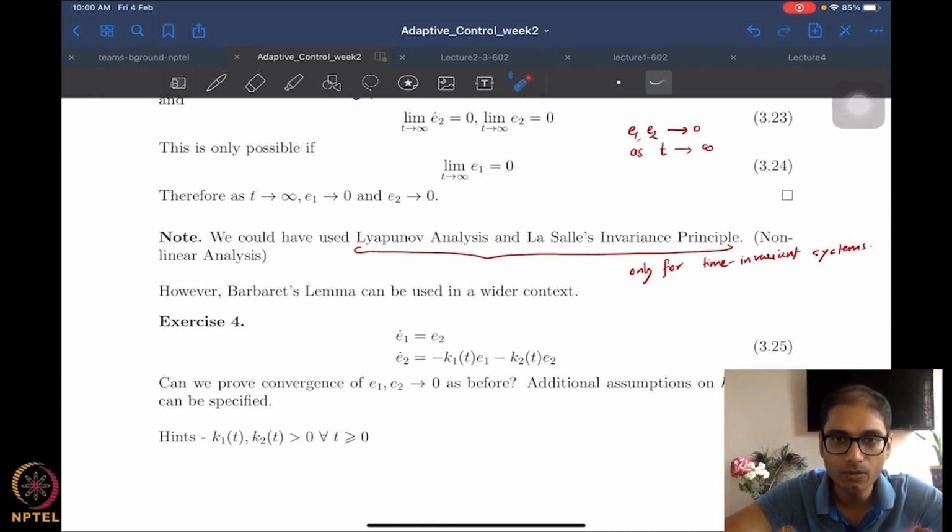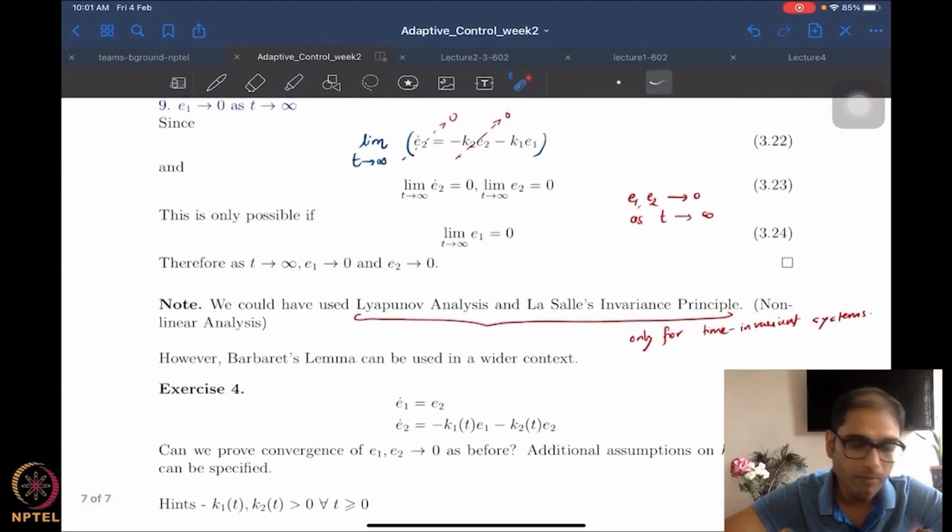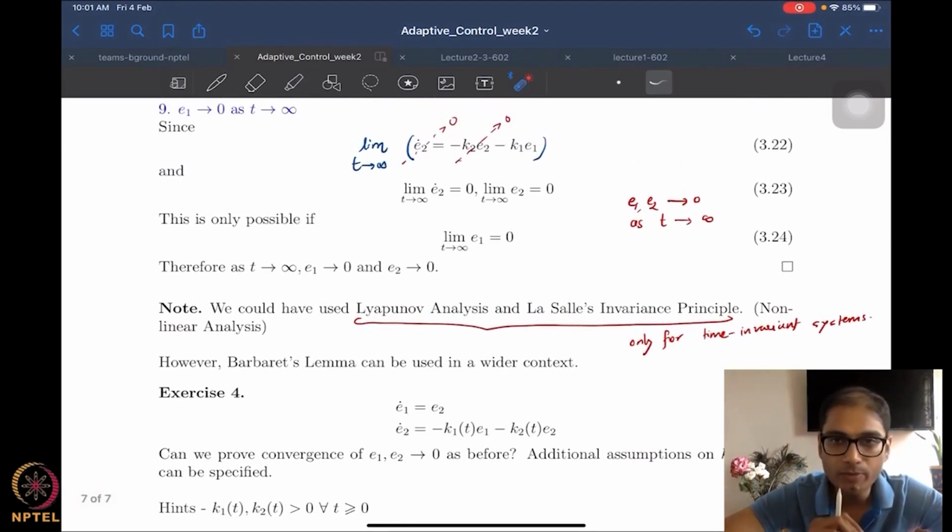So, of course, this is an exercise. You are to prove convergence of E1, E2 to 0 using these similar steps. Any additional assumptions you're free to make, but you have to state all these assumptions. Now, I want to remind you that we've only proved convergence.